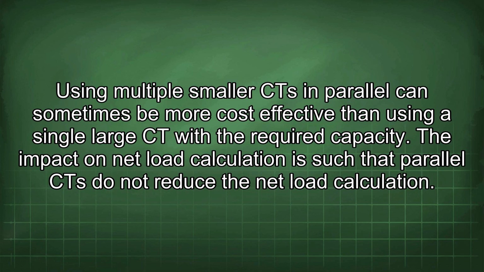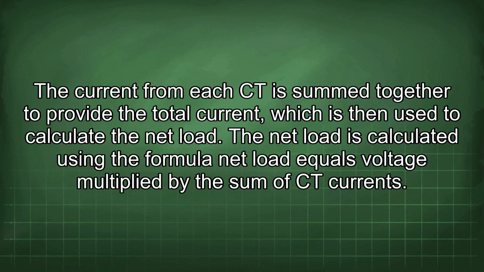load calculation. The current from each CT is summed together to provide the total current, which is then used to calculate the net load. The net load is calculated using the formula: net load equals voltage multiplied by the sum of CT currents.